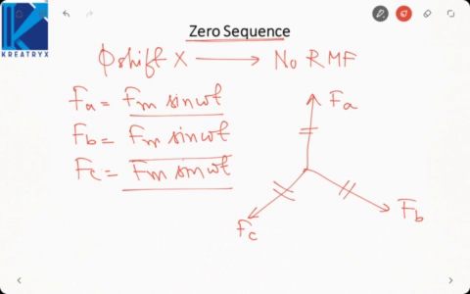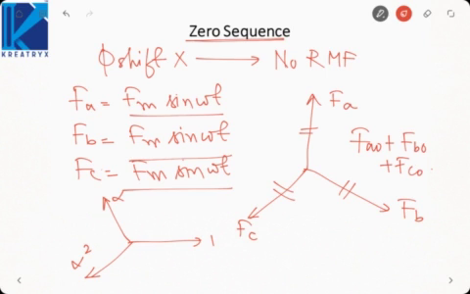Three vectors oriented at 120 degrees with respect to each other having equal magnitude yield a 0 resultant. It is similar to your phase shift operator: 1 plus alpha plus alpha square is always 0. Similarly here, Fa0 plus Fb0 plus Fc0 will always be 0.